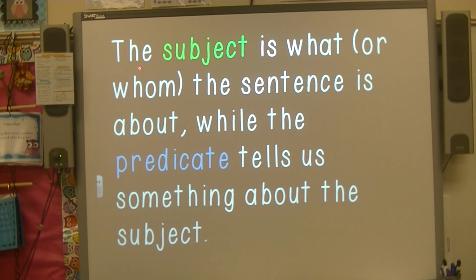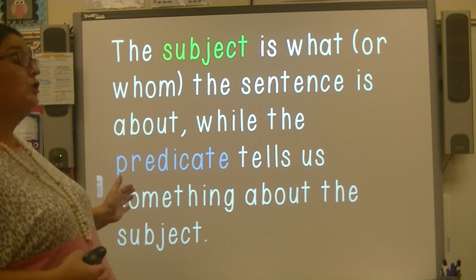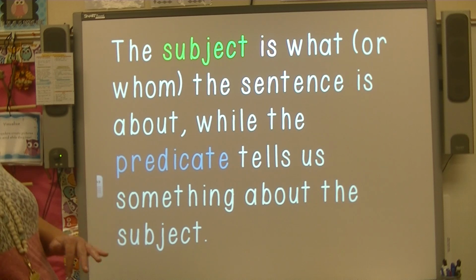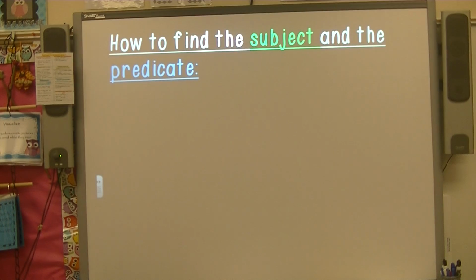One more time. The subject is what or whom the sentence is about, while the predicate tells us something about the subject. Subject is who the sentence is about. The predicate is what they do. How to find the subject and the predicate in a sentence.